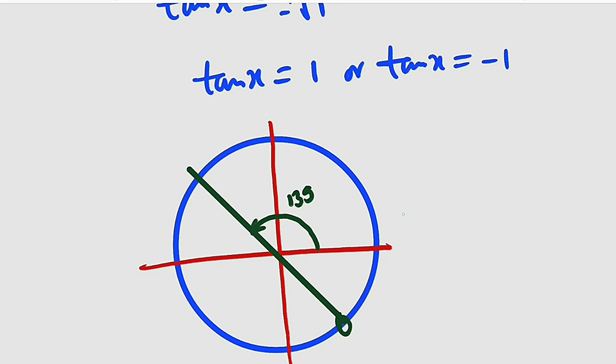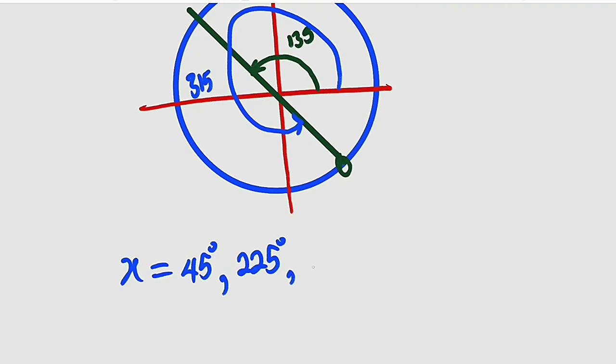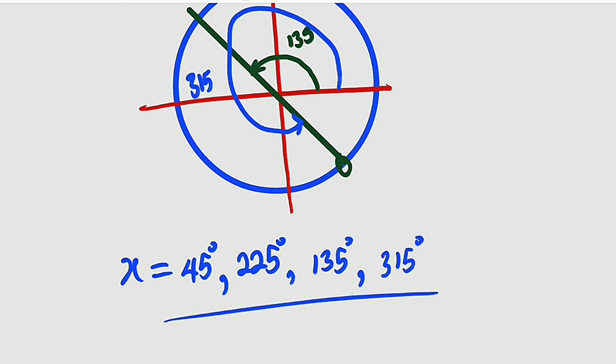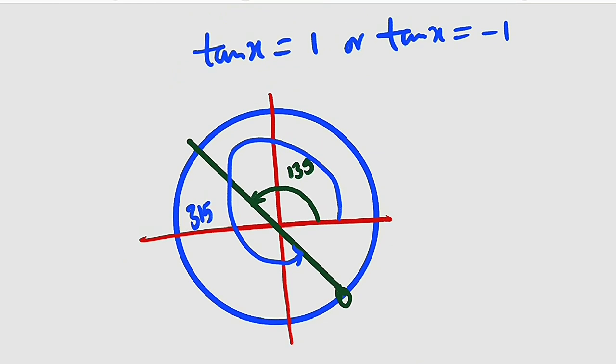And you can also subtract 45 from 360. You're still going to get the same thing. Therefore, this particular angle here is 315. And hence, we have two solutions: either x equal to 135 degrees or 315 degrees. And hence, these are the solutions to this problem, because we are asked to find the solutions between 0 to 360 degrees. So you can always use a unit circle to find it.